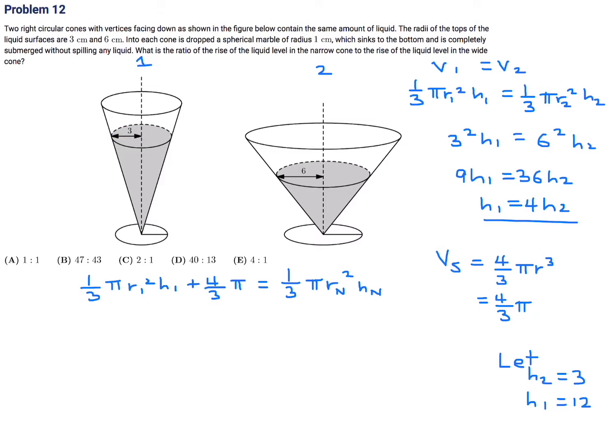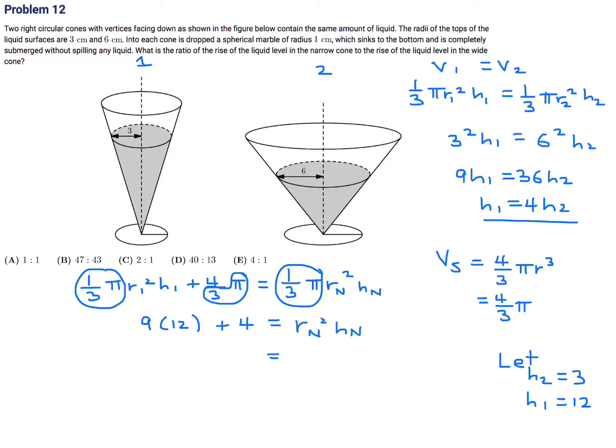Okay, so as before, the 1/3 and the pi's cancel. So all you're left with is r1 squared h1. r1 is 3, so 9, and then h1 I've called 12, plus 4 is equal to rn squared hn.